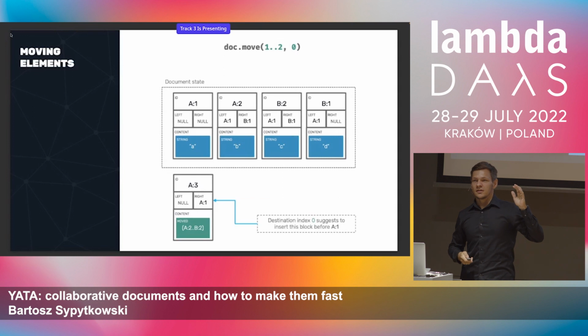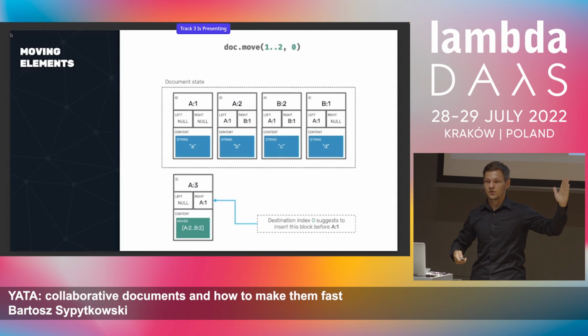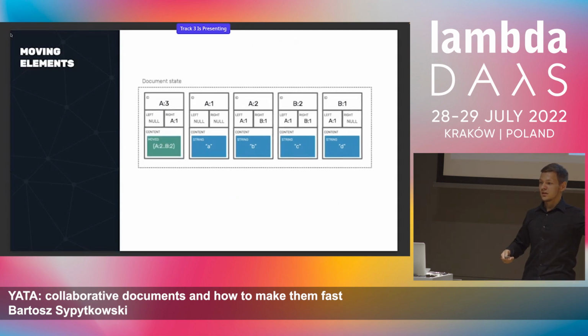And since it's about to be inserted at position 0, we just need to say it's about to be inserted before the current block at position 0, so before A1. And that's all. The only problem is that this introduces a kind of indirection when you want to read it.